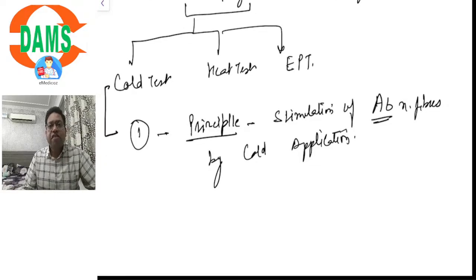It is a common experience that whenever we bite upon something very cold, like an ice cream, we feel immediate sensitivity for a couple of seconds. And that immediate sensitivity due to cold stimulus happens due to stimulation of A delta nerve fibers.